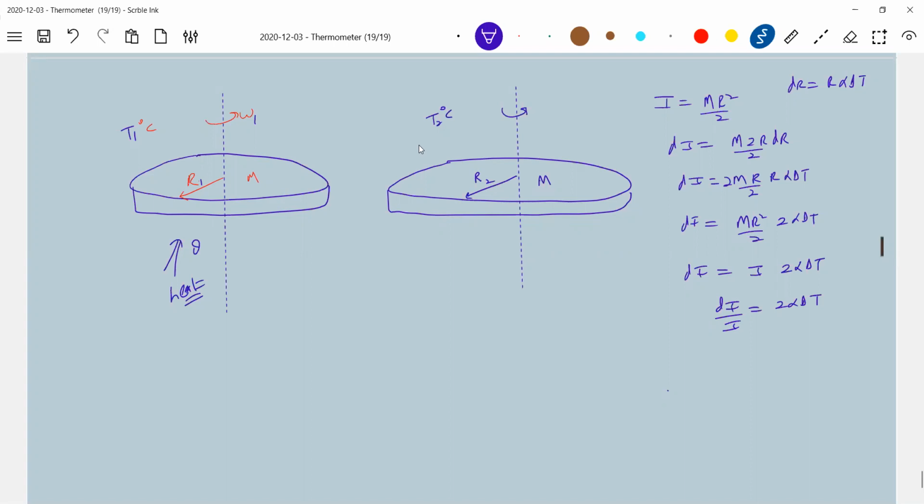So if a body is at high temperature, what does it mean? The atoms will be vibrating more vigorously, and it will be random, not synchronized. So what is the modern definition of temperature? The degree of random vibration of atoms about the mean position. How do you define temperature?